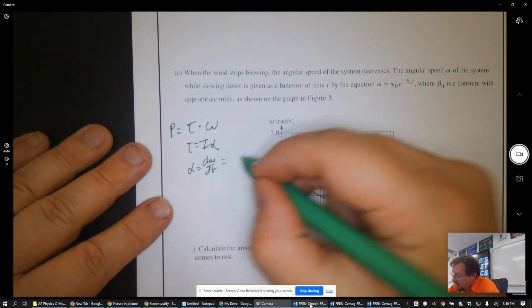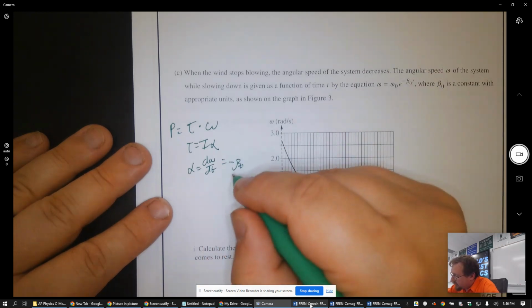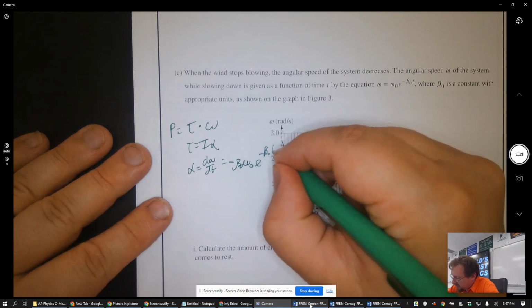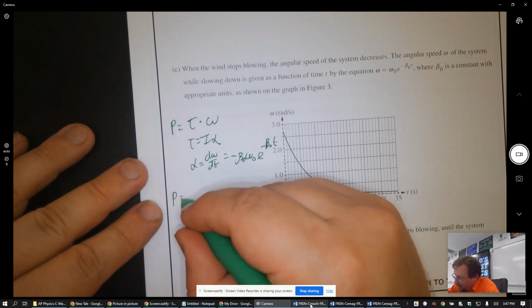But they could have done this. If they did, they would have said that alpha is negative beta naught omega naught e to the minus beta naught t, and then multiplied that by I. So then the power would have been this.